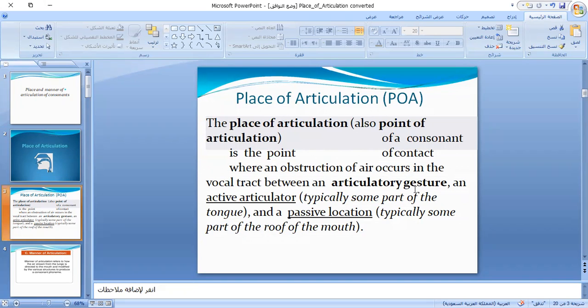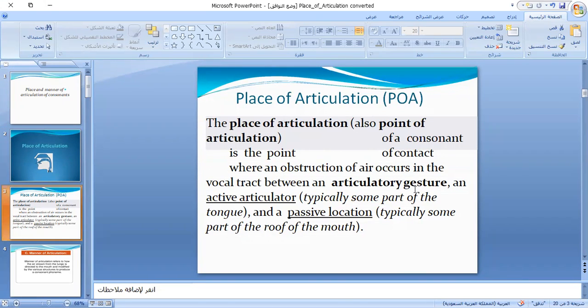So we will discuss the places, but I want to say that it's a matter of obstruction of the air. When you want to produce a consonant, you obstruct, close, or stop the air somewhere in the vocal tract between the articulatory gestures. What are the articulatory gestures?